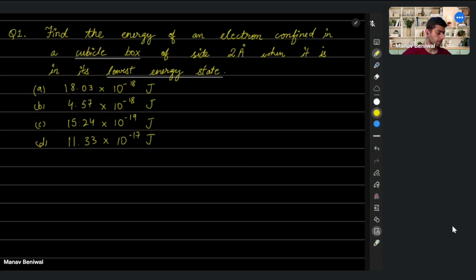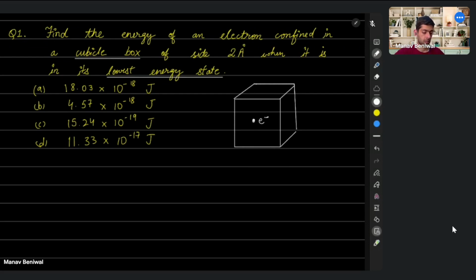So let's draw a cube like this. This is the cube that we have, and we have an electron inside it.